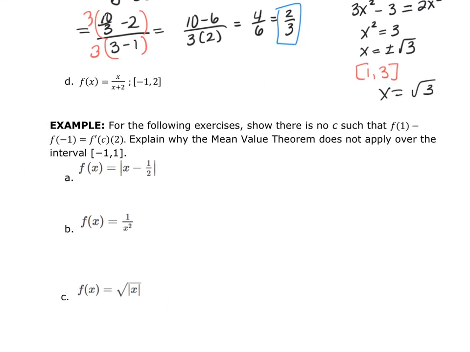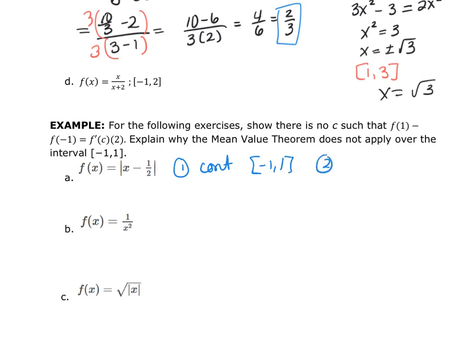So in these examples, I'm checking whether or not we have continuity and whether or not we have a derivative. For our first example, I have to look for continuity on the interval from -1 to 1. This is definitely continuous on the interval from -1 to 1, but it is most definitely not differentiable.